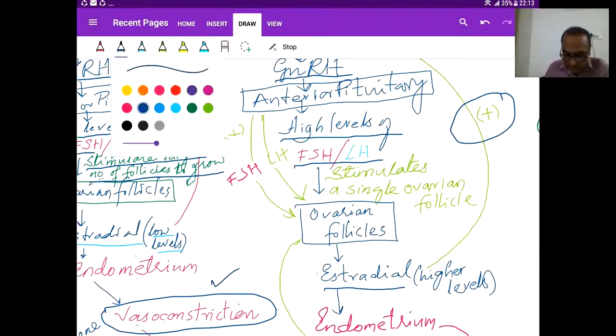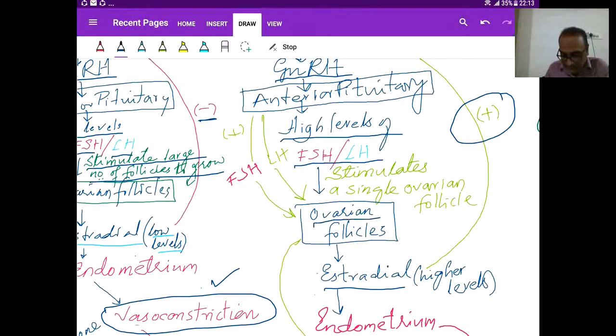So the ovarian follicles are stimulated by FSH and LH, so that higher levels of estradiol are maintained. And these higher levels of estradiol or estrogen positively control, by a positive feedback mechanism, the higher levels of FSH and LH.